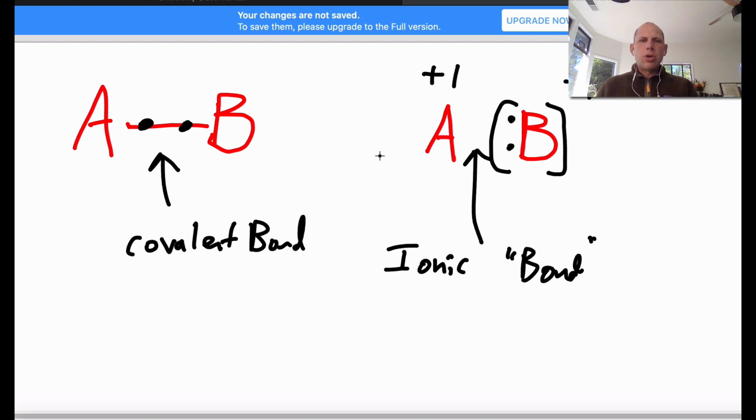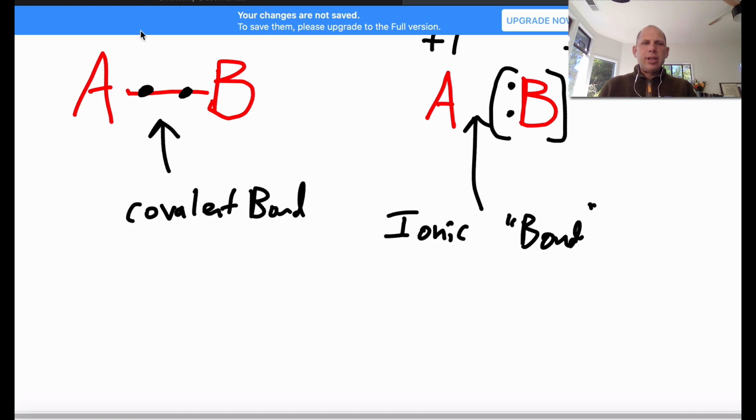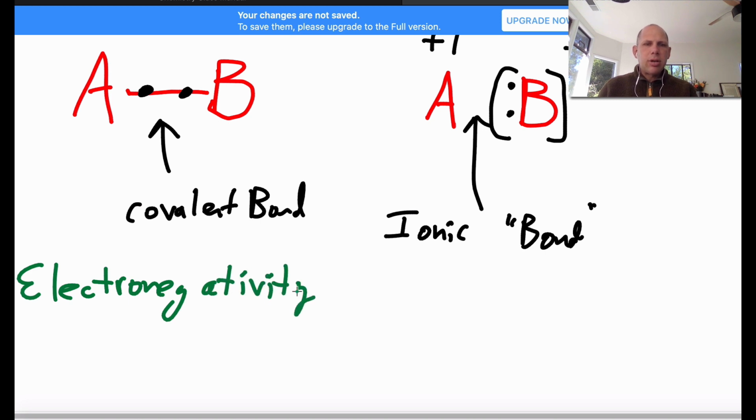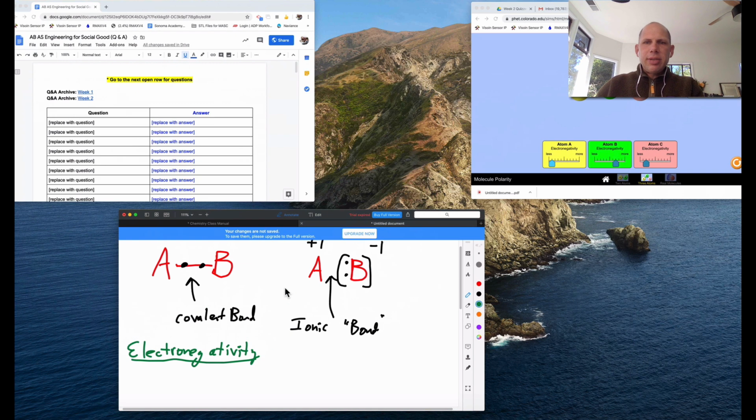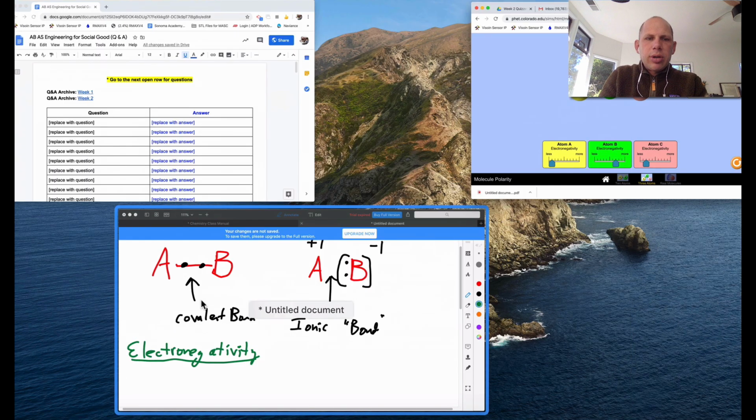All right. So there are some terms that we are going to be dealing with here. The first term that you're going to be seeing is electronegativity. Super important term in chemistry. So what is electronegativity? Electronegativity, by the way, is this thing that you're going to be playing with down here. Each atom has its own electronegativity.